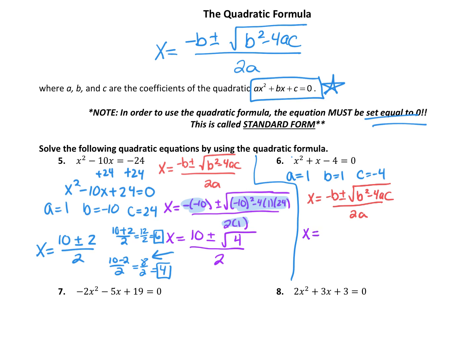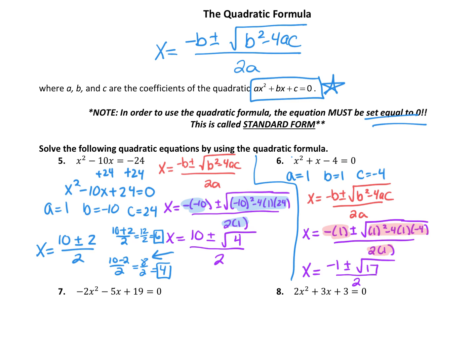So x is going to equal negative 1 plus or minus the square root of 1 squared minus 4 times 1 times negative 4 all over 2 times 1. So first, this negative parentheses 1 is just going to become negative 1. 1 squared minus 4 times 1 times negative 4 is going to become 17. And this 2 times 1 is going to become 2.